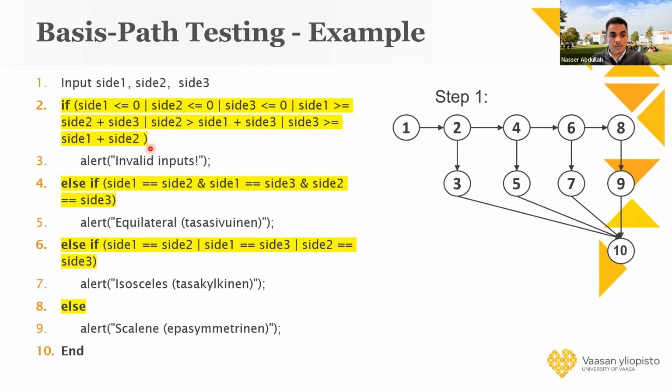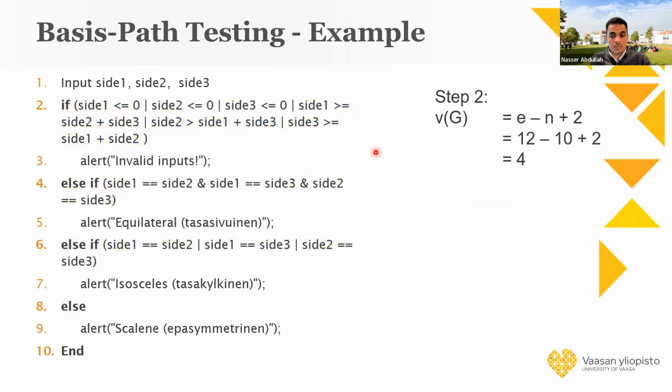After that, we go to the first branch, which is 3, and then node 10. For the second branch, we have input, and then it will be false. Then we go to step 4, which is another if statement, and then step 5. After that, we go to step 10, and so on. So here is the graph for this program.